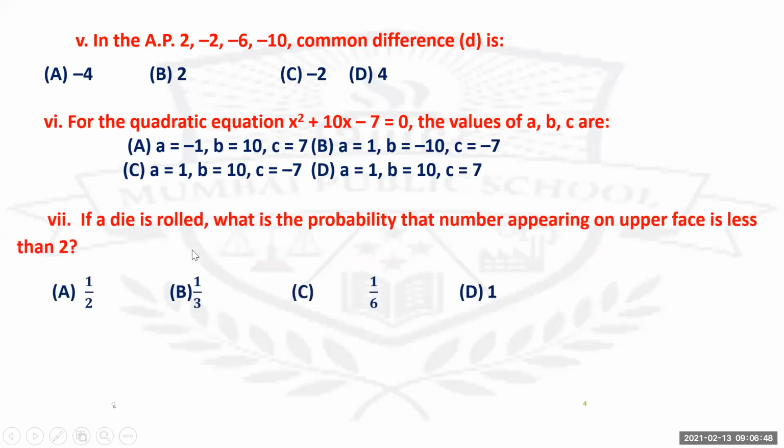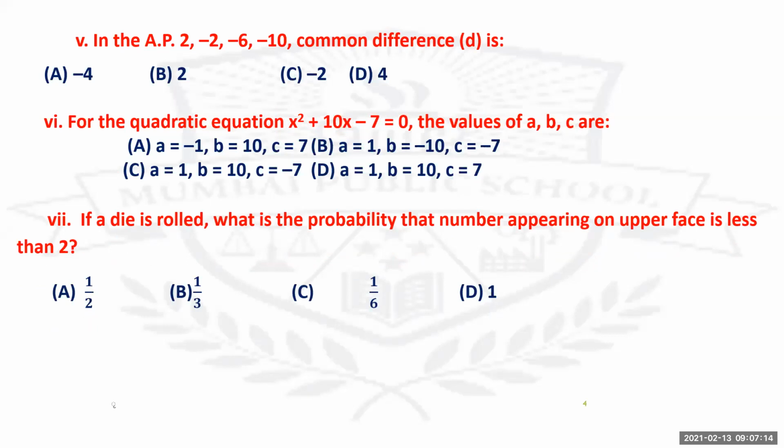Now, if a die is rolled, what is the probability that the number appearing on the upper face is less than 2? You know the die, you have played snakes and ladders, you play Ludo. Whatever object you use to get the numbers is a die.